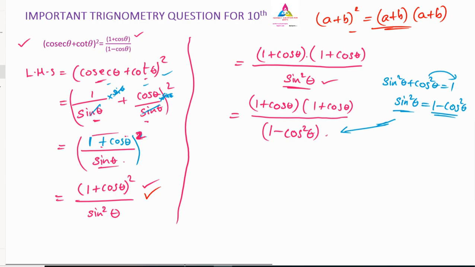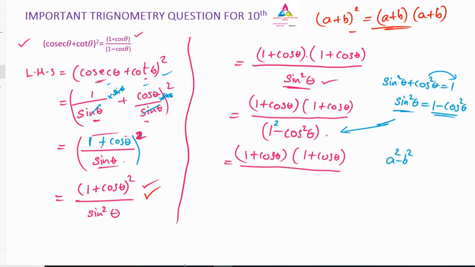So I have already told, remember the identity. Now coming back to one more thing, 1 plus cos theta, keep it as it is, and 1 plus cos theta again it will remain as it is. But now again coming to the denominator, see here, 1 is nothing but 1 square we can write down. So 1 square minus cos square theta is in the form of a square minus b square. A square minus b square is nothing but a plus b into a minus b.